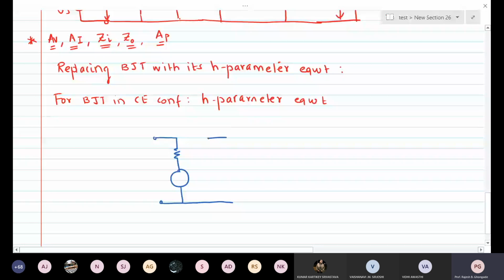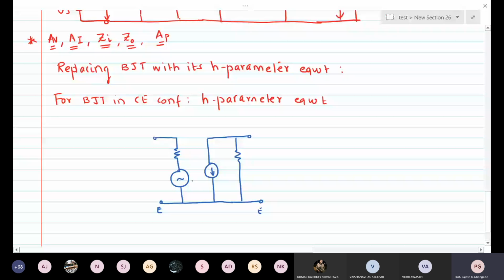Then you have a current source. This is a voltage source, and we have an output resistance like this. So this is your emitter, this is your base, and this is your collector.